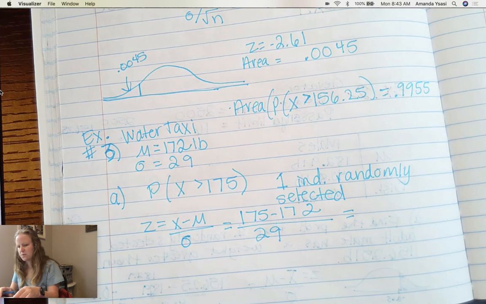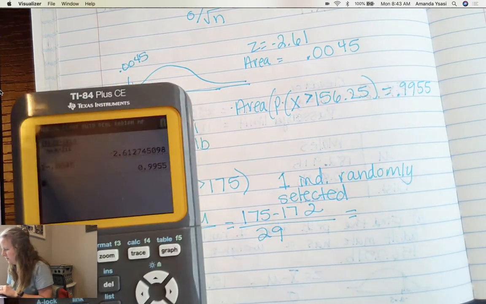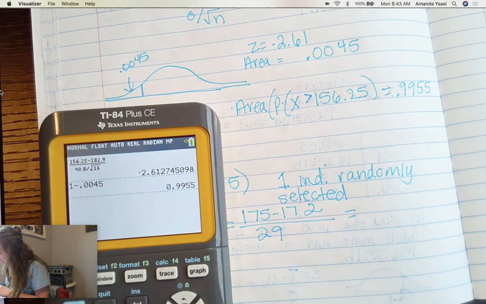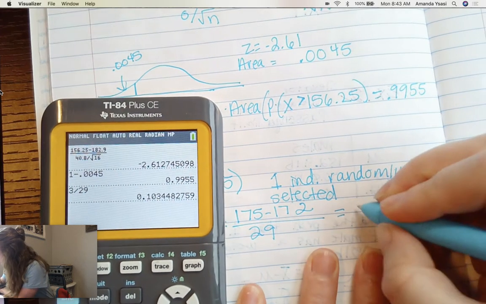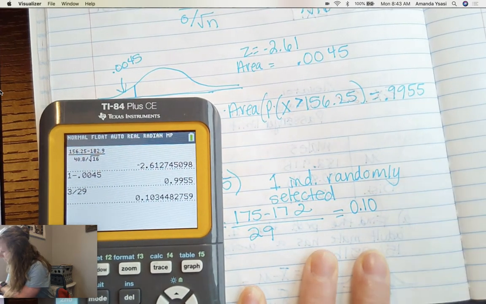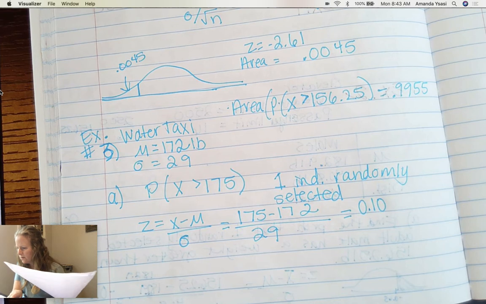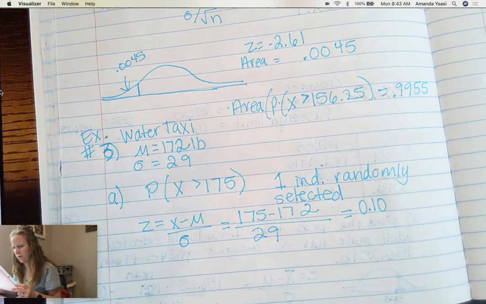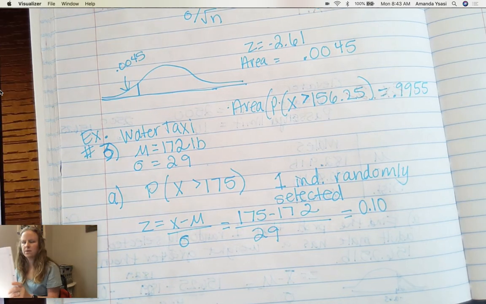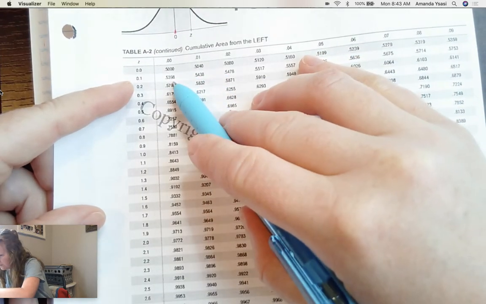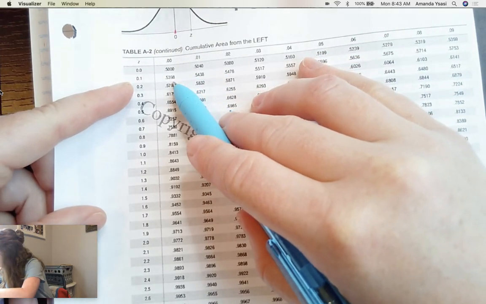Okay. So I'm going to put this in the calculator. That's 3 over 29. So 0.1. So if we look at our table, 0.1, our z-score is 0.5398.